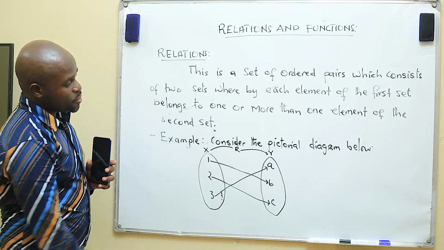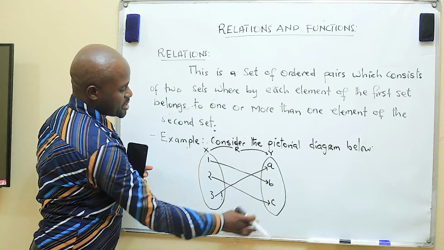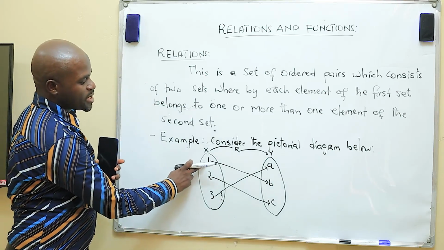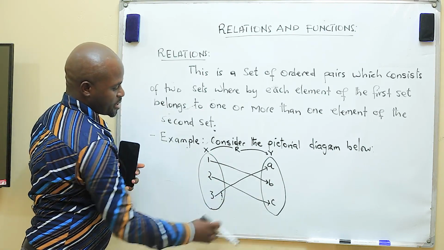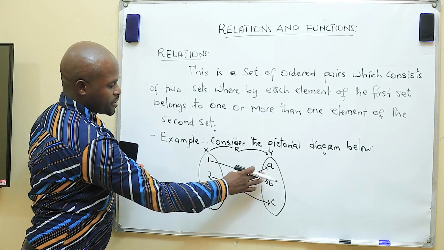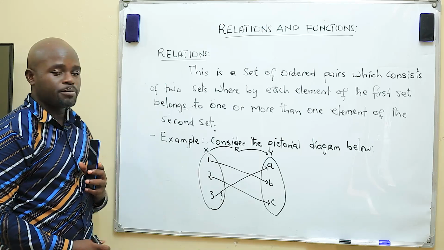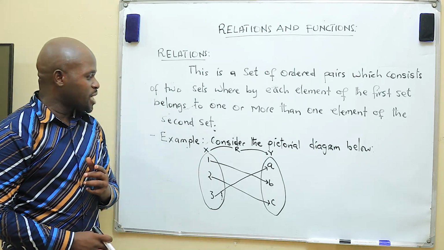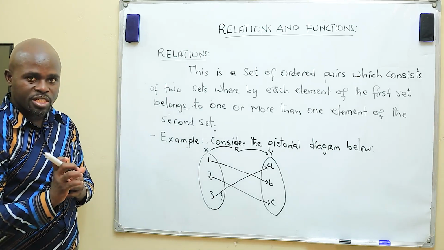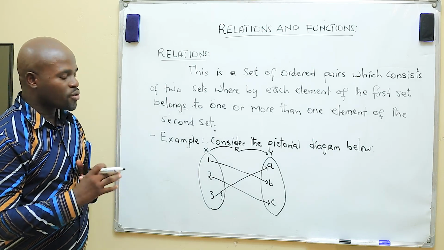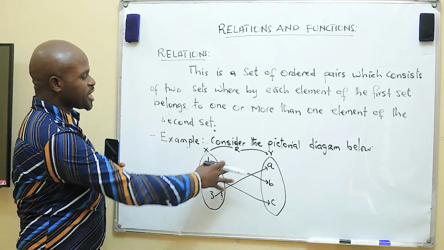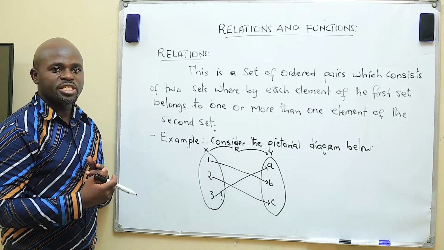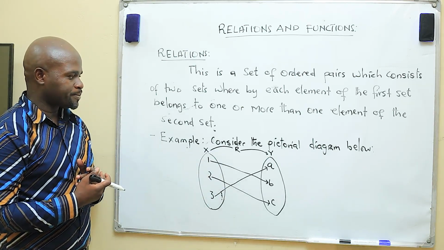And in second set Y, we have elements A, B, and C, whereby number 1 relate with B, number 2 relate with C, and number 3 relate with A. So this is an example of a pictorial diagram which show the two sets, whereby the two sets relate. It means that this relation have been represented in pictorial diagram.